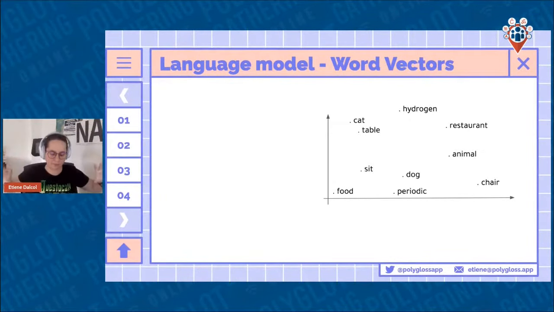We just put them somewhere, right? I'm using 2 dimensions here. In reality, these models can have a lot more, but the way it works is exactly the same. We're just going to put them randomly across some space, right? And then we start analyzing the language data, right?